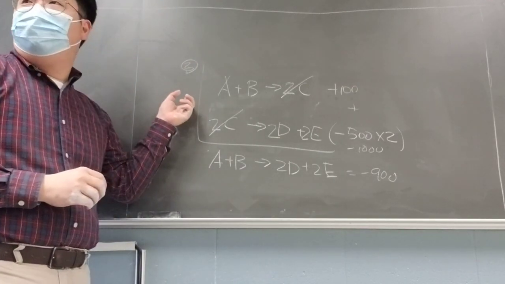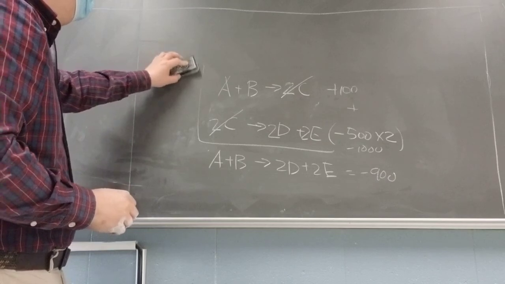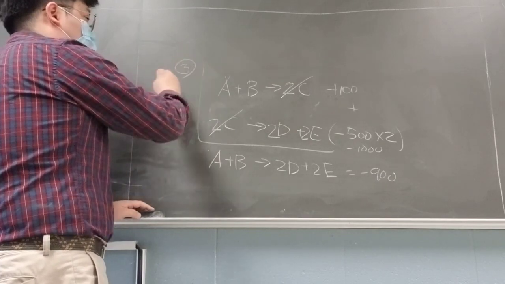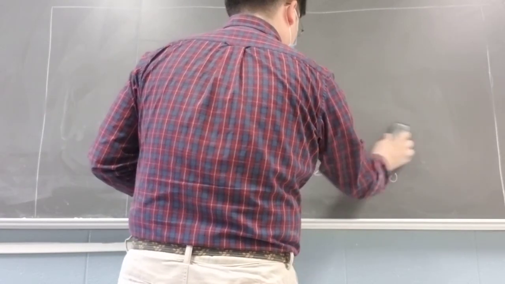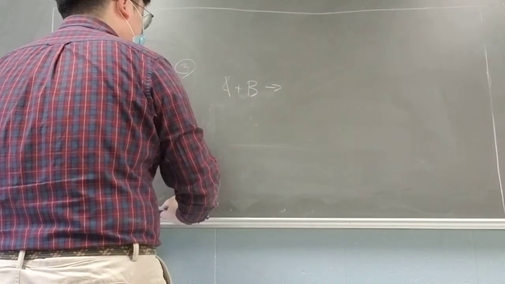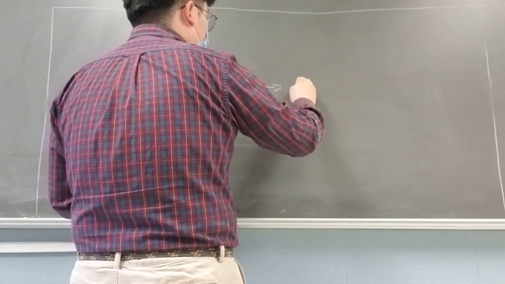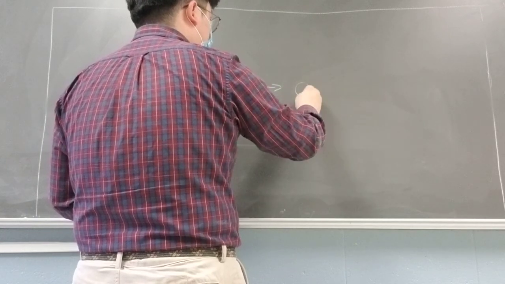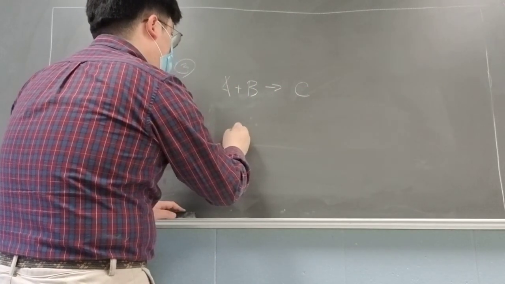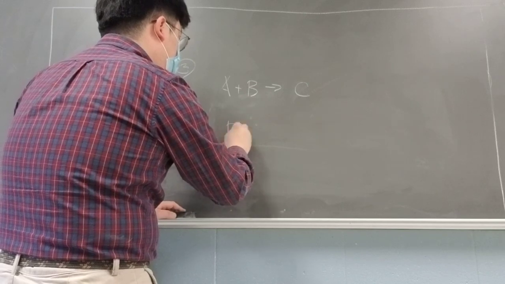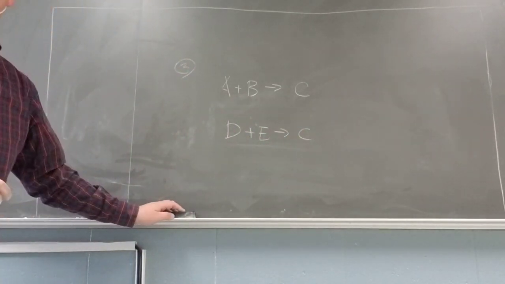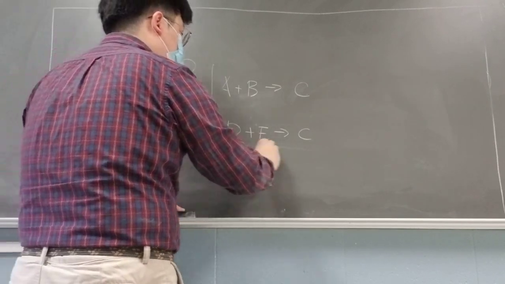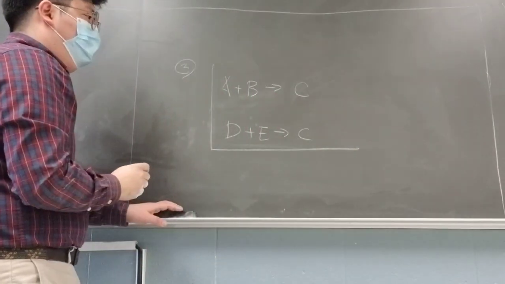Okay, move on. This is the last one. Let's say we have A plus B becomes C, and then D plus E becomes C. In this case, we cannot do anything.